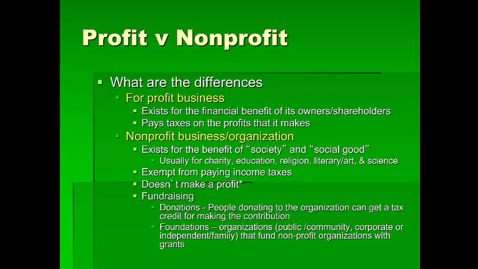They can be public and community foundations, or they could be a corporate foundation, money coming from a wealthy business that wants to do social good, and then they get a tax benefit for that. Or it could come from a family, like a trust fund, and that's another way that foundations can provide nonprofit organizations with grants.